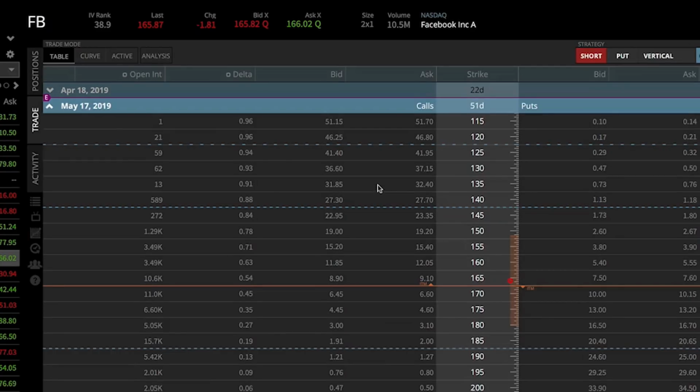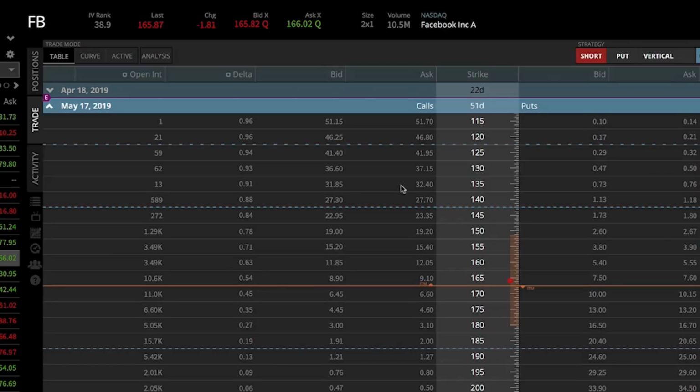Now, if you're unfamiliar with bid prices and ask prices, the bid price is the highest price someone is willing to pay for a stock or option, and the ask price is the lowest price that someone is willing to sell that stock or option at. So in the case of the 135 call option, this $31.85 bid price means that the highest price someone is willing to pay for this 135 Facebook call option expiring in 51 days is $31.85.